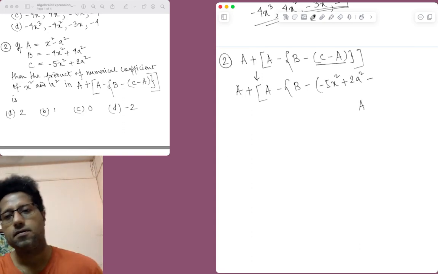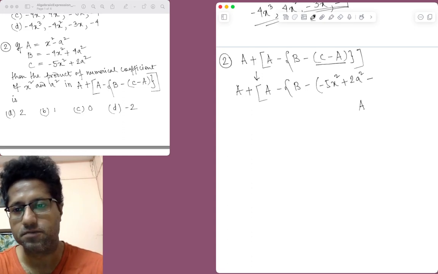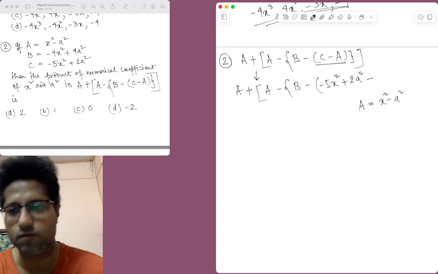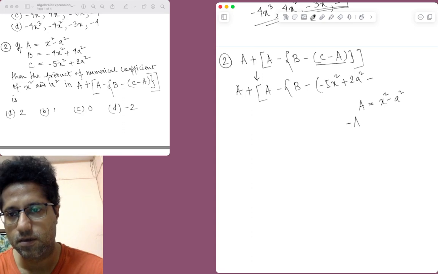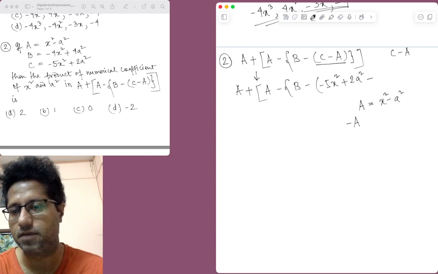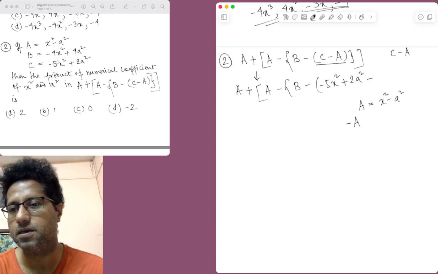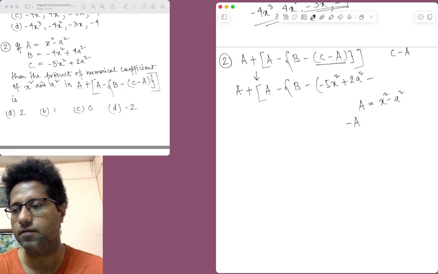What is a? It is an algebraic expression. What does it mean? A is x square minus a square. This is an algebraic expression. Now what does minus a mean? In c minus a, even though a, b, c are all algebraic expressions, we know that for the number system a minus b is a plus the additive inverse of b.